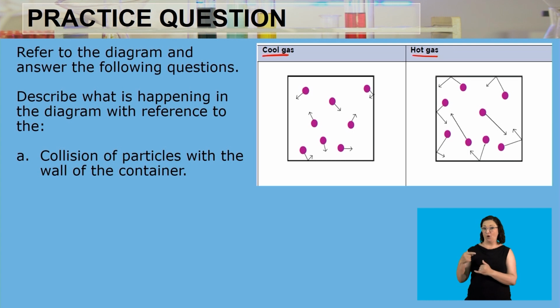The force that is exerted by these particles onto the walls of the container is going to be less as compared to the force that is exerted by the gas particles to the container when the gas is hot. Why? Because energy here is high and then energy here is low.